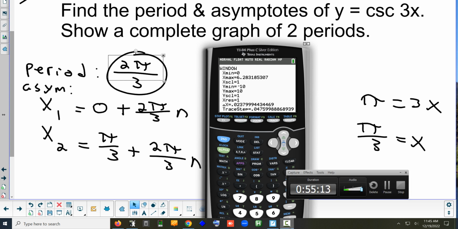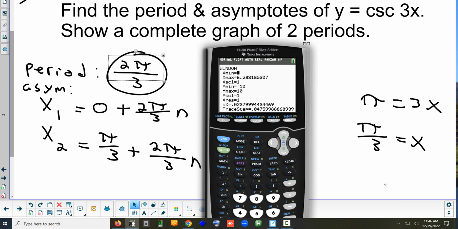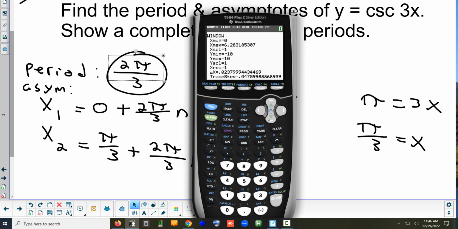Not 2 pi, not 4 pi. Okay, so it wouldn't have to be 2 pi or 4 pi. Think about what 1 cycle is, and we want to see 2. 4 pi over 3. Now we're looking at cosecant, that's the U shape and the N shape.